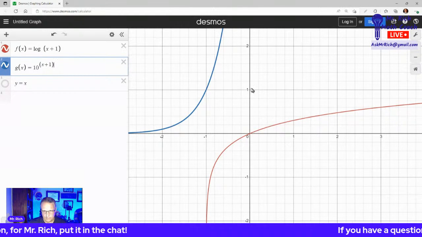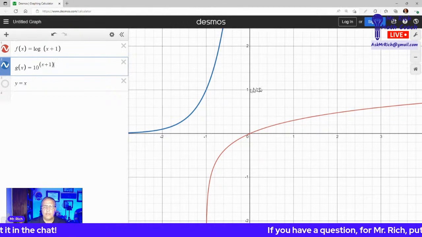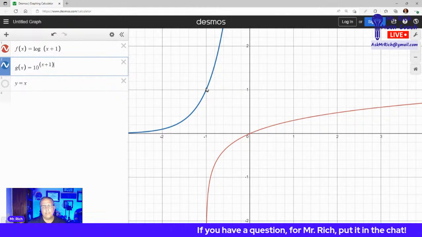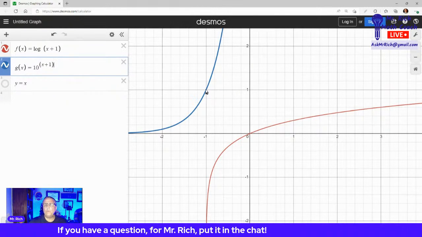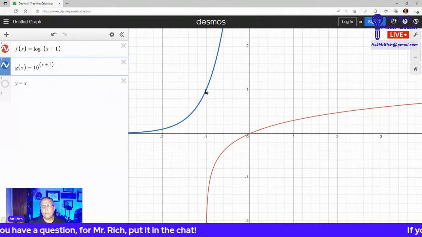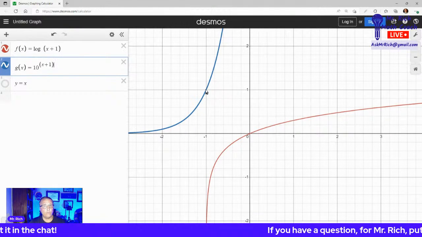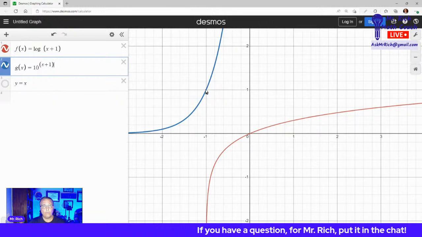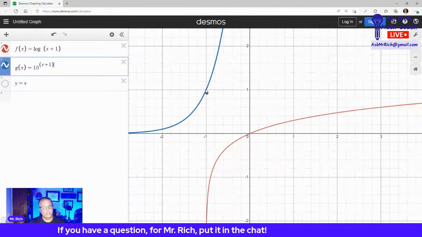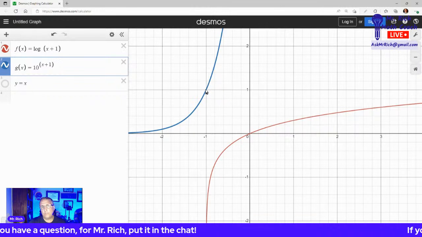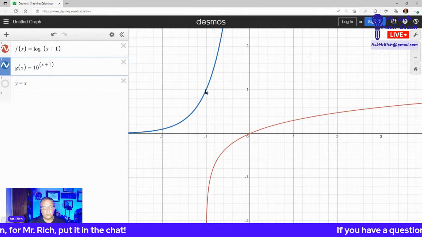But the point that was at (0, 1) has now moved over and is (-1, 1). So just review how to transform functions and all of those rules of transformation of functions: vertical shifts, horizontal shifts, vertical stretch, horizontal stretch, reflections across the x and y axis. They all apply to these two functions.